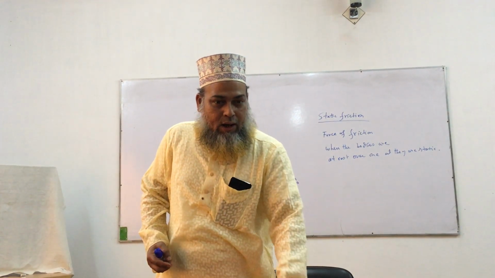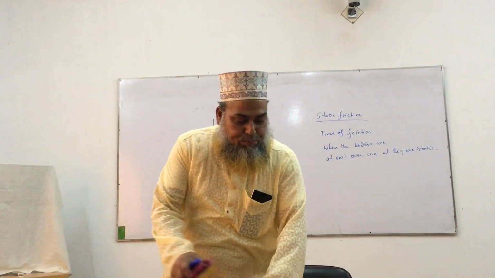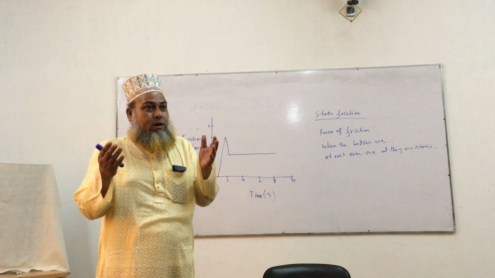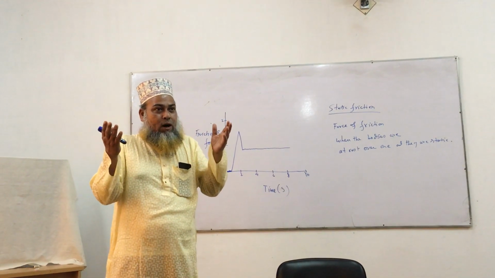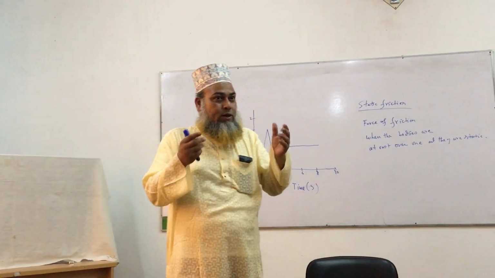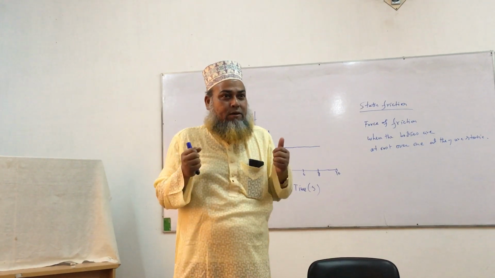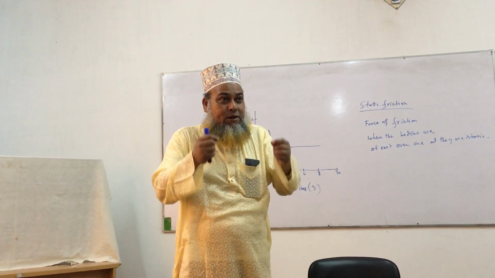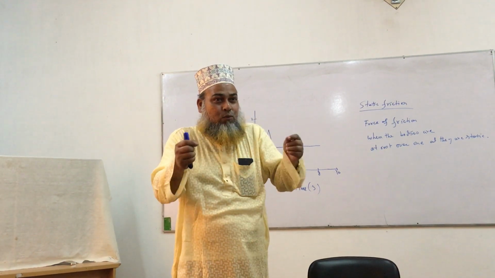So these facts are found by experiment. These cannot be postulated. Take Newton's gravitational force. Newton did not do any experiment to find F equal to G m1 m2 by r square. He speculated. He proposed that this will be so.